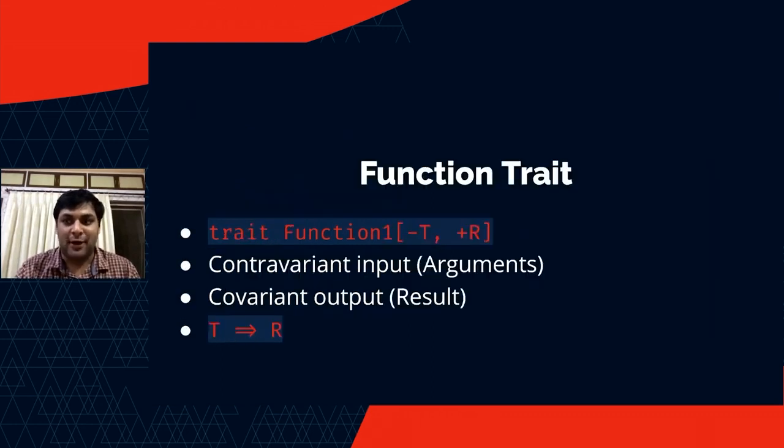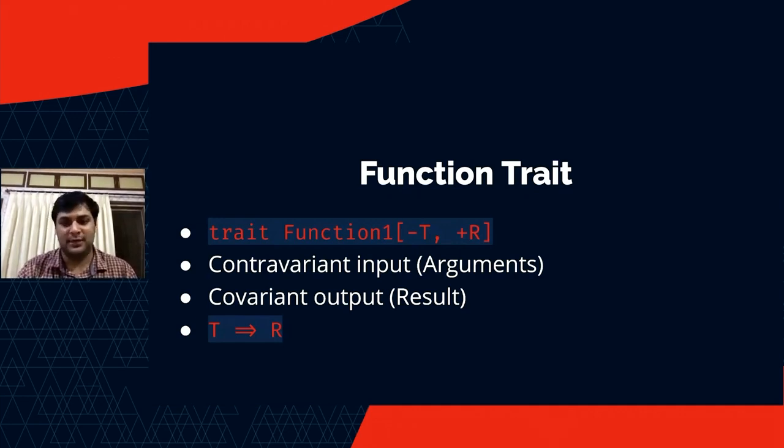So now the function trait. In Scala, functions are treated as objects as well as first class citizens, correct? If we look into the Function1 trait precisely, it is minus T and plus R, which states we are contravariant in the input end and covariant in the output end.